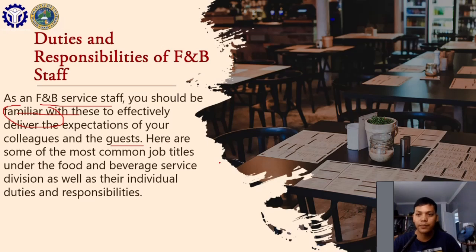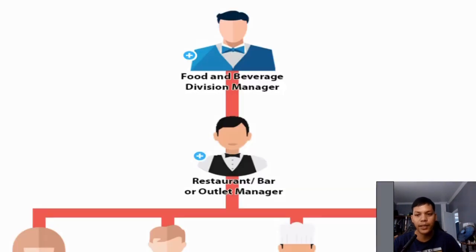I will show you a sample of the organizational chart. These are the common job titles under the food and beverage service divisions, as well as their individual duties and responsibilities. As you can see here, this is the top management in the food and beverage department.